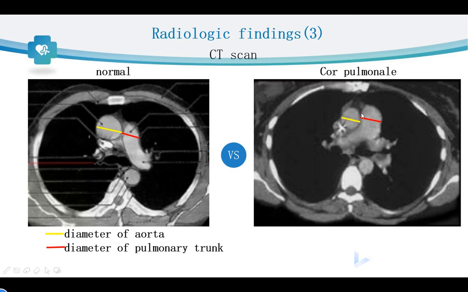What about the diameter of these two vessels? Yes, in this image, we can find the diameter of the pulmonary trunk is wider than the diameter of the aorta. So that's the image for the pulmonary hypertension in the patient with cor pulmonale.